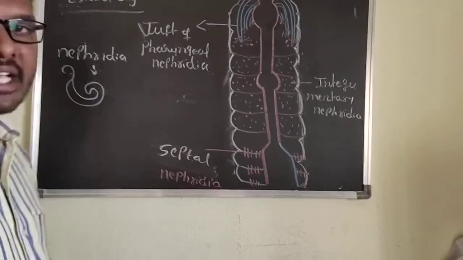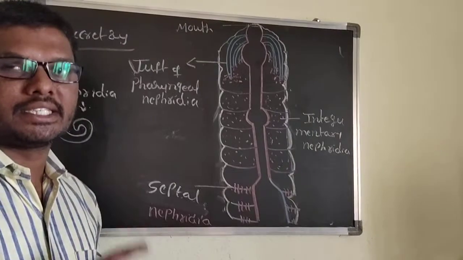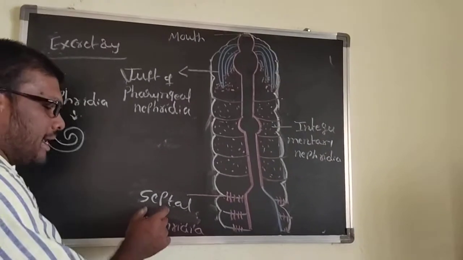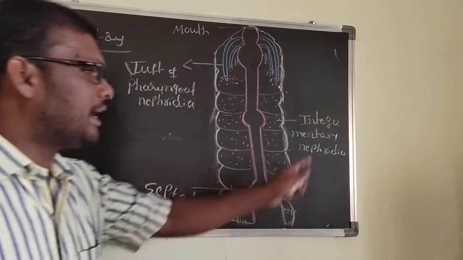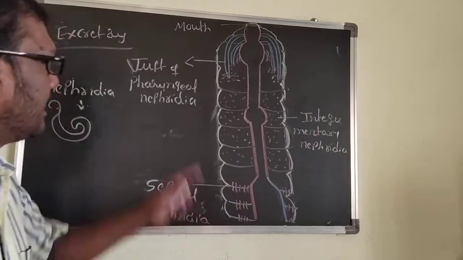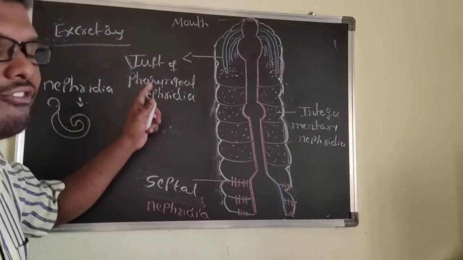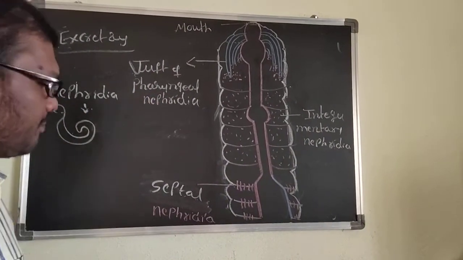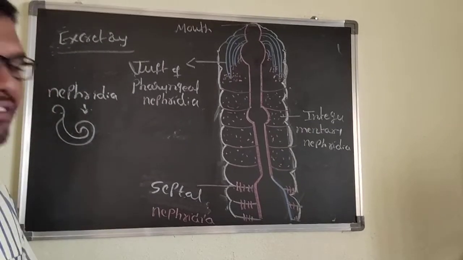How many types of nephridia are there? 3 types. First is the septal nephridia, the second is the integumentary nephridia and the third is the tuft of pharyngeal nephridia.